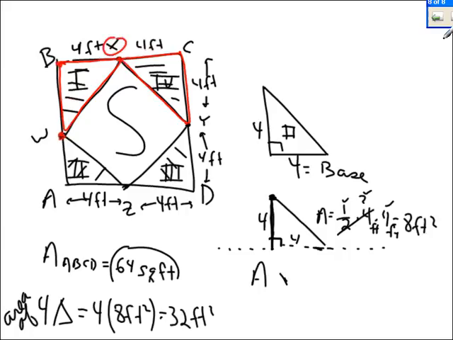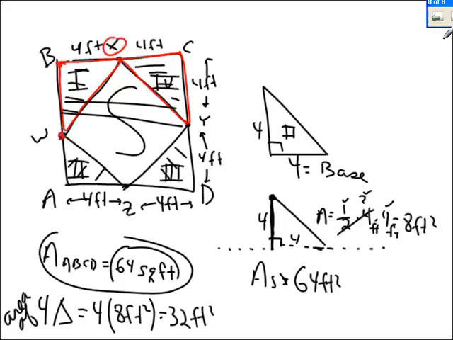The area marked S is the whole area, 64 square feet, minus the triangular areas.